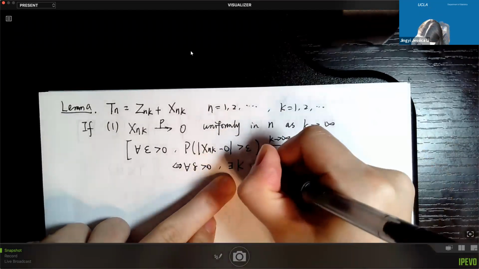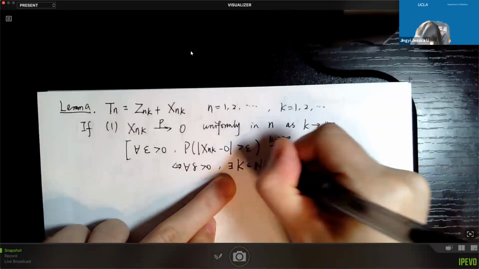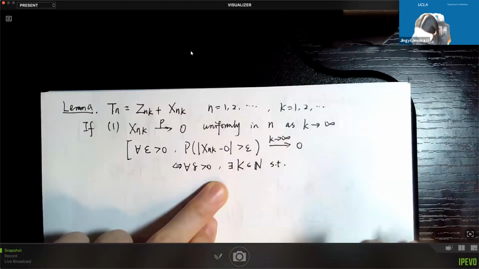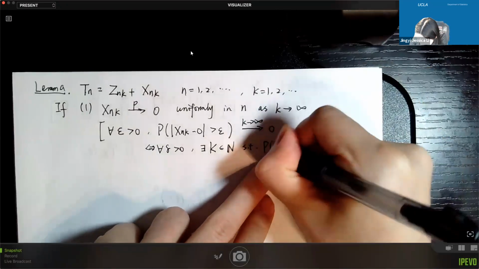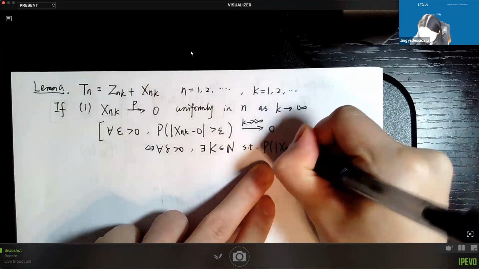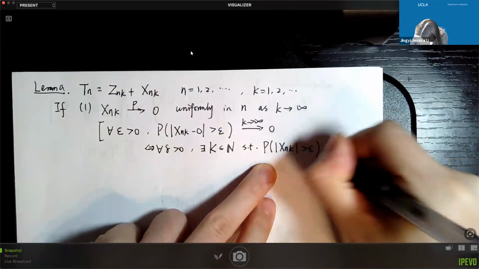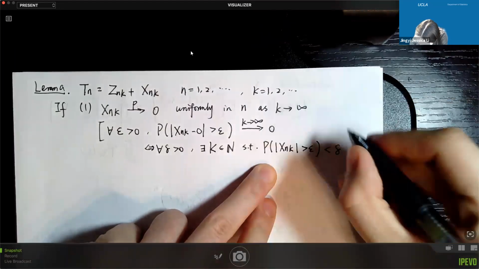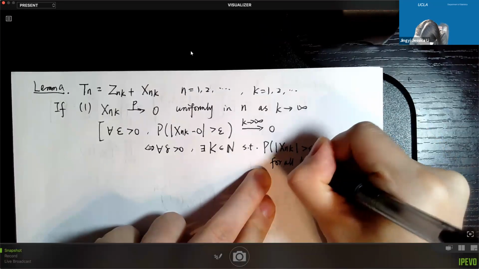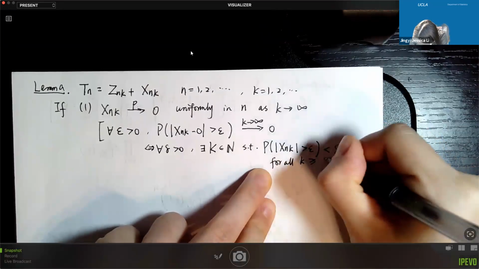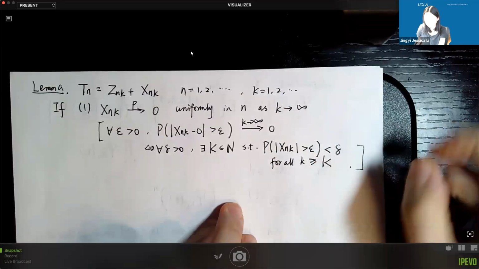There exists a K which is an integer, okay, such that we would have the probability of X_{n,k}, I can ignore the minus 0, greater than epsilon, less than delta for all small k greater or equal than big K. That's it. So I'm just using the definition of a limit.